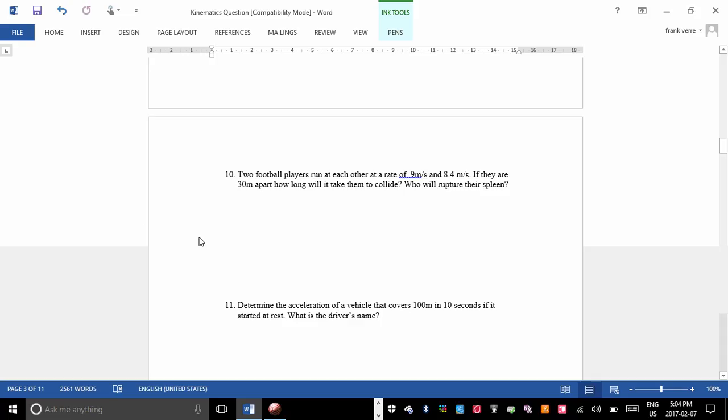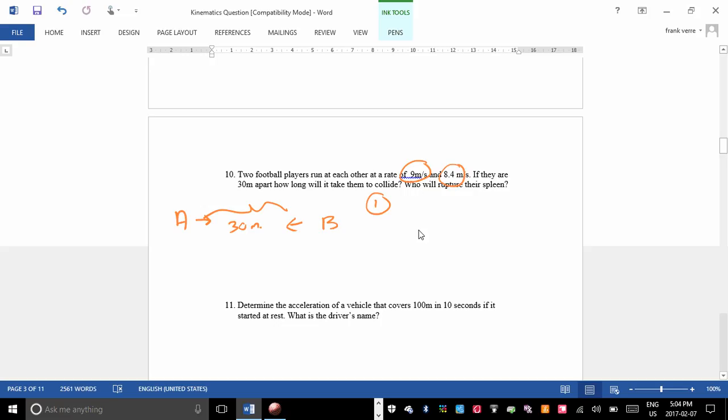So this question involves speed, but it's a bit tricky because what you have is one football player running towards another football player. Now, the distance between the football players is 30 meters. So player A has a speed of 9 meters per second, and player B has a speed of 8.4 meters per second.